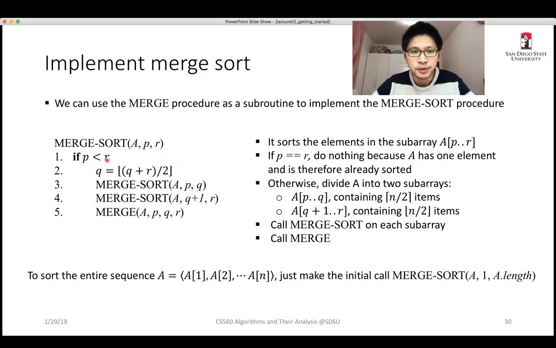It computes the midpoint of the input sequence. Lines 3 and 4 are the conquer step, because they solve the subproblems by calling the merge sort procedure itself recursively. And line 5 is the combine step, which combines the results of the recursive calls.